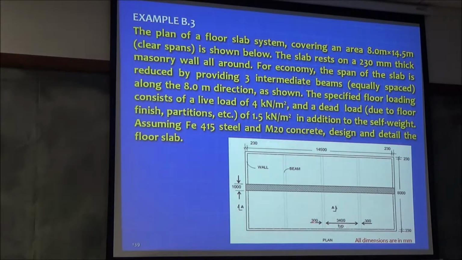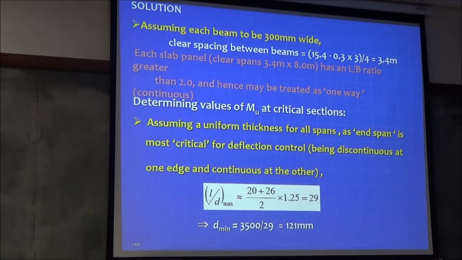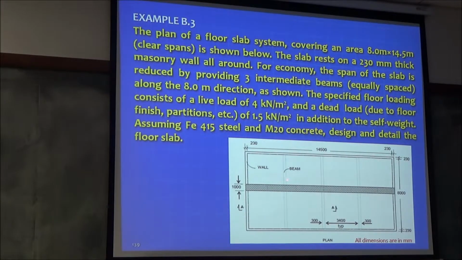Right, so you've got these dimensions, then assume each beam to be 300 mm wide, work out the spans, and then you have to work out the thickness. Now, again, the most critical panel is the exterior panel. Why? Because for the interior panel, this one way strip you can say is continuous here and here.